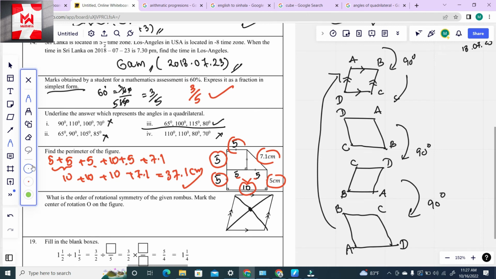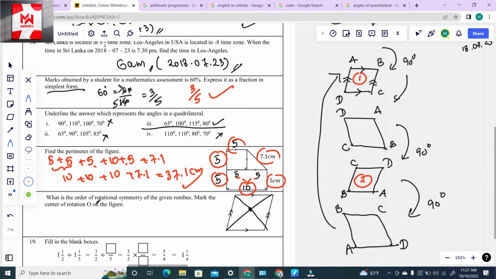Okay, now when we are rotating, this position is same and this position also same. Therefore, the order of rotation: when we rotate 90 degrees it becomes like this, again 90 degrees, like this, another 90 degrees, total 360, it comes to the same position.